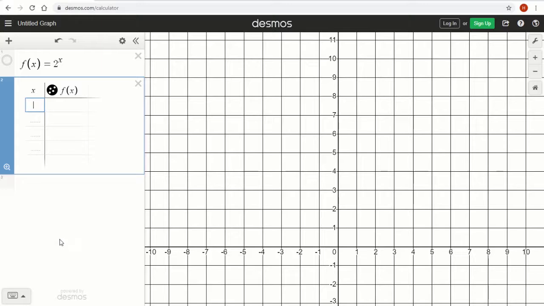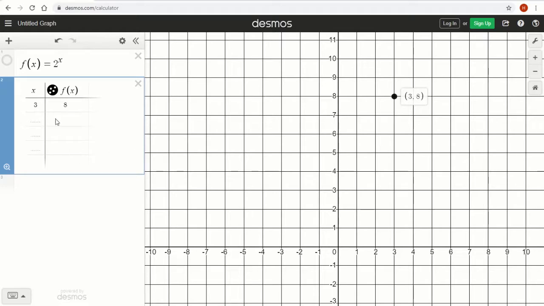So I am starting out by giving the x input to be 3. And so Desmos can quickly calculate the y value output, or the output of f of 3, to be 8. Immediately we notice in the graphing area there's a point that says (3, 8), which is 3 for the x value and 8 for the y value.